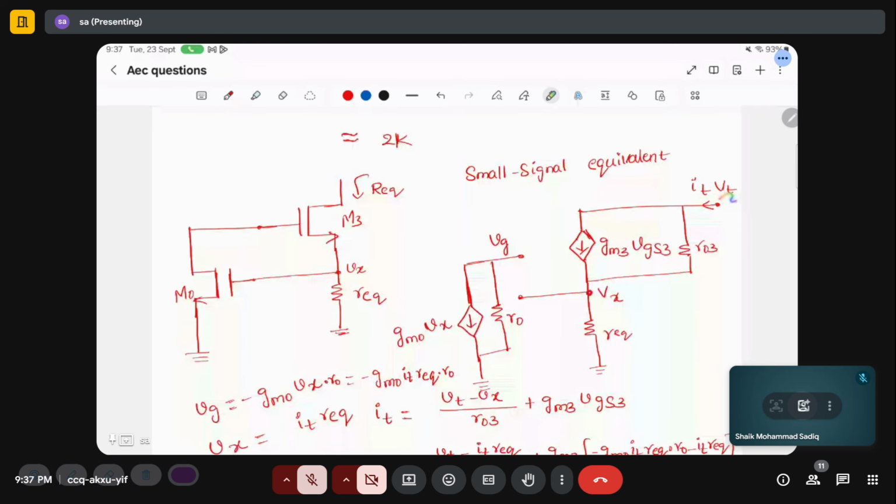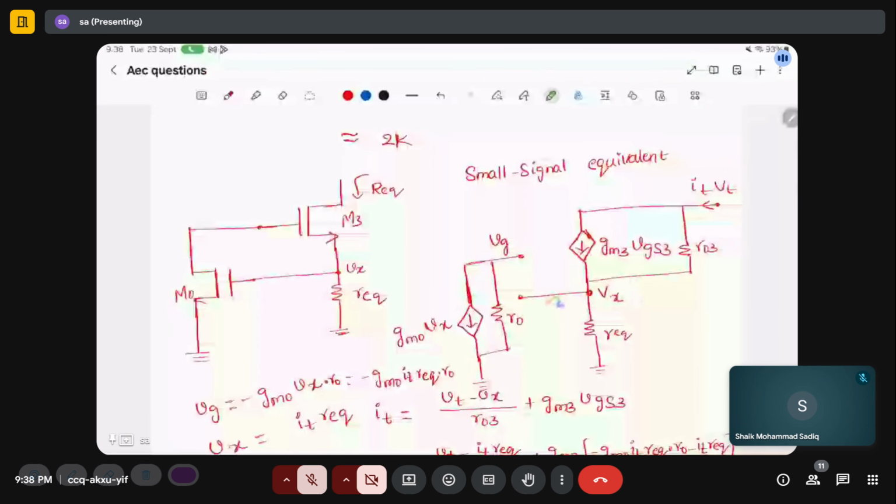You have a voltage source Vt, and from that voltage source, a small signal current IT is flowing. The IT current will flow through this R equivalent resistor, and it is generating a small signal Vx.